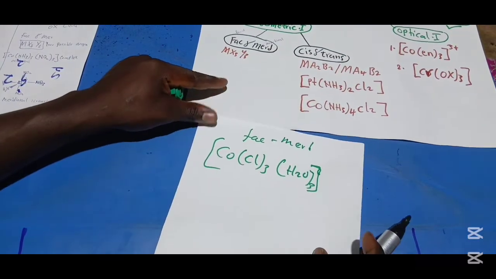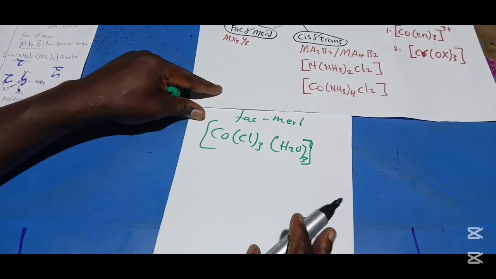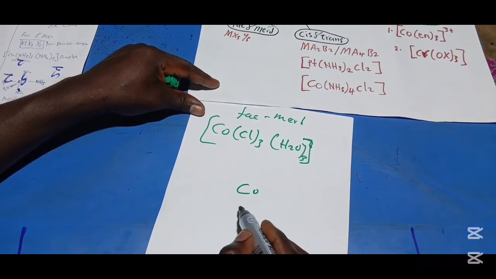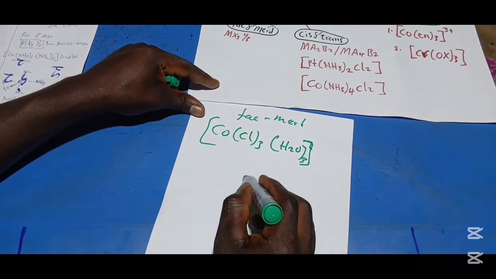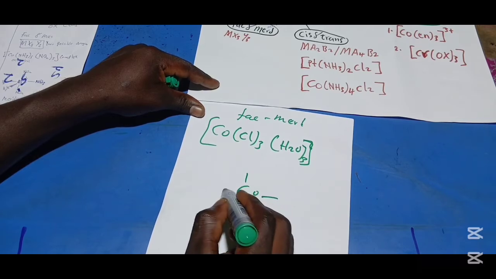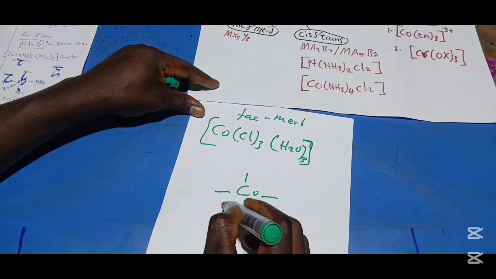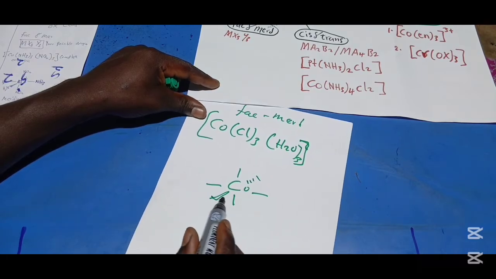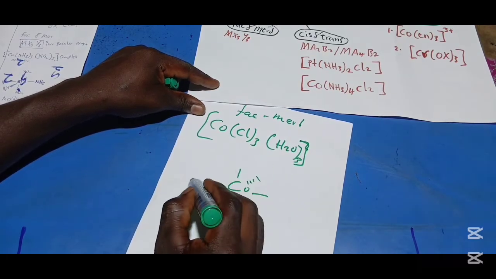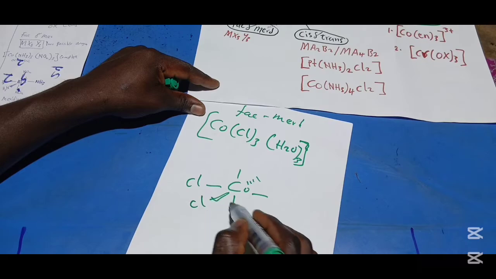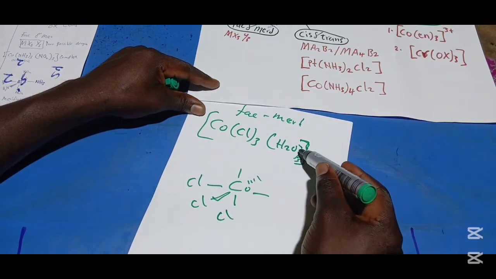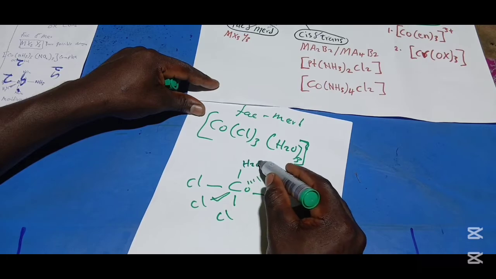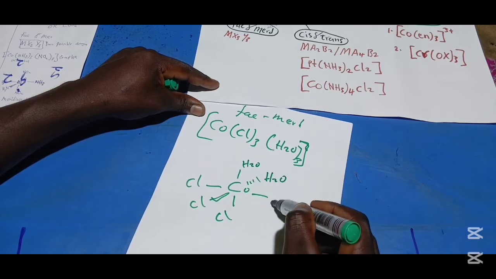Let me break this down for better understanding. You can see that we can have cobalt like this, 1, 2, 3, 4. Let's say this is the solid wedge and this is a dash wedge. There can be a point where we have all the chlorine ligands at the same place and all the water ligands at the same place, like this.